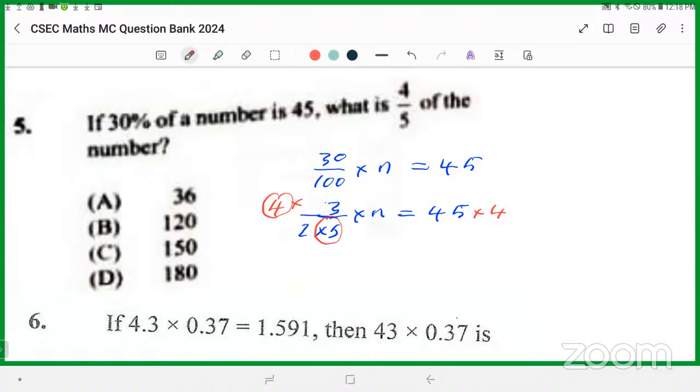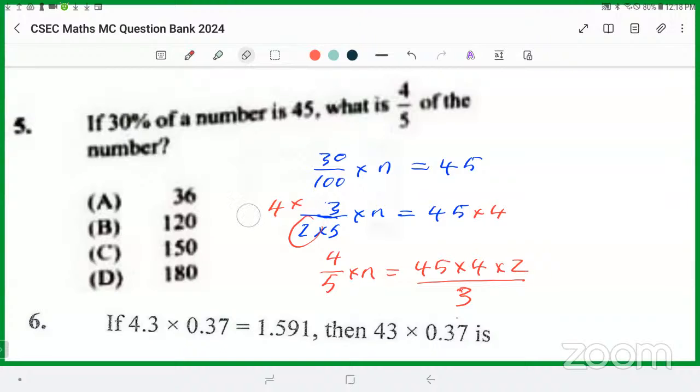Because I want to leave those, I have to get rid of this 2. So I multiply this 2 and leave the 4/5 times n equals 45 times 4, multiply by this 2 up here, and divide by this 3 under here. And you're working that out. Understand that transposition?